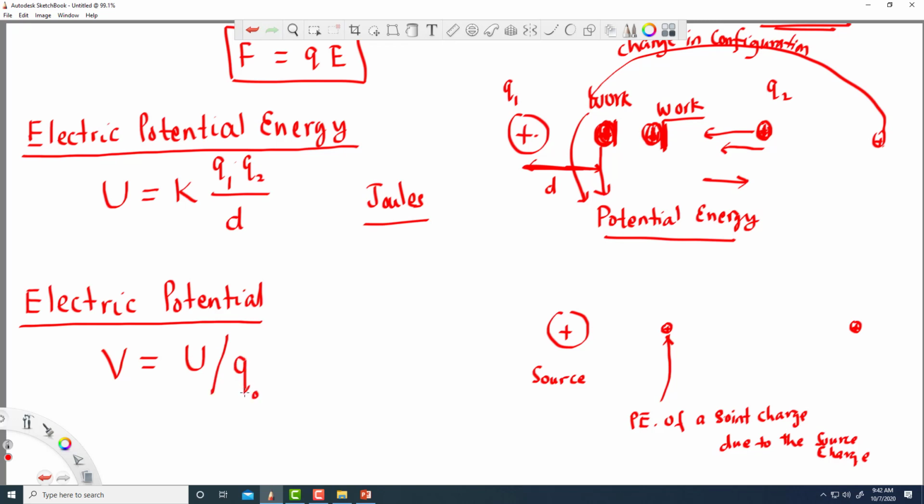So energy per unit charge. You can also say unit charge or test charge. It's also called test charge.